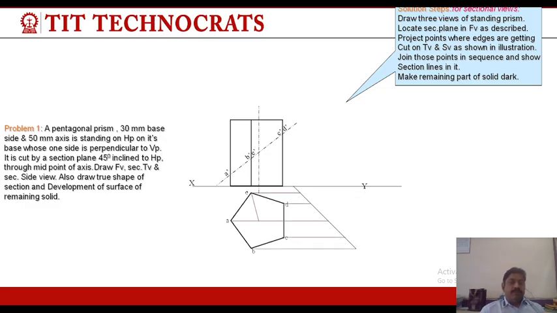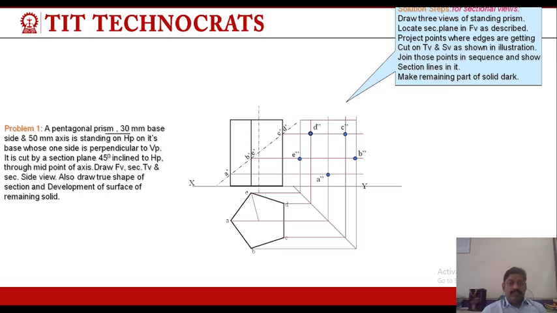This is called a pentagonal prism, and this is the top view of the object, and above the XY line this is the front view of the object. We cut a section line that is inclined 45 degrees with the HP, like this A, B, E and C, D dash.